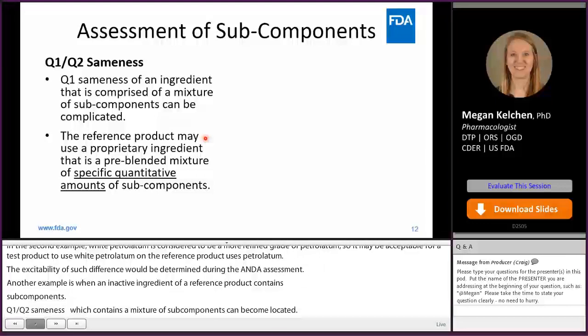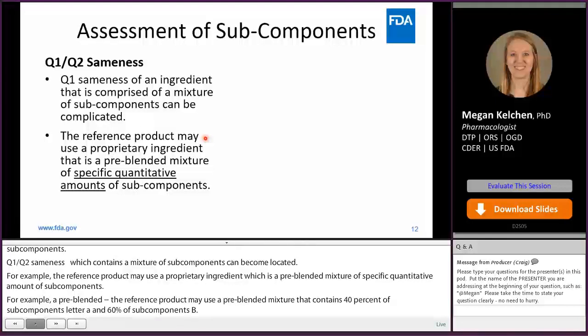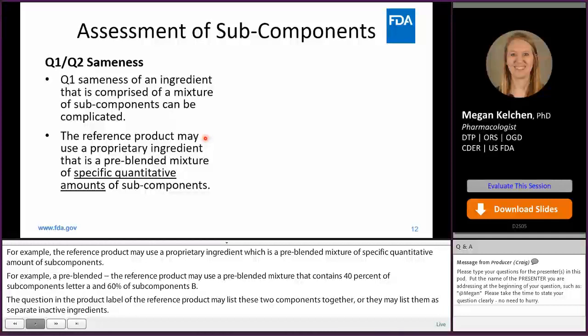For example, the reference product may use a pre-blended mixture that contains 40% of subcomponent A and 60% of subcomponent B. And so the question is, the product label of the reference product may list these two components together, or they may list them as separate inactive ingredients. So the question arises of whether a test product can use the same proprietary blended mixture, or if a test product can use the two subcomponents as separate inactive ingredients in their own test formulation.